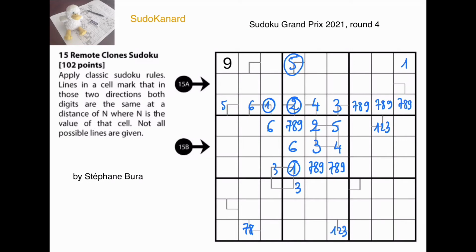And 8 could go into a corner cell, but then it would need to be in a corner of a grid, because here the maximum distance is 7. So this is actually 7, and this 7 is cloned into this cell.